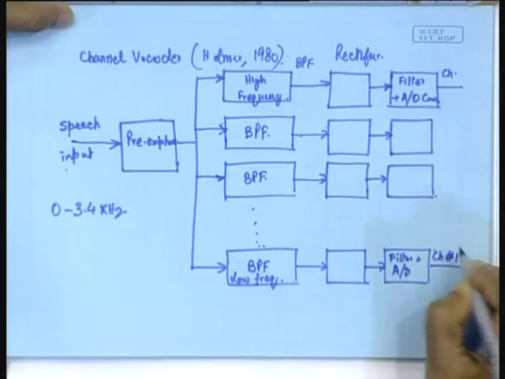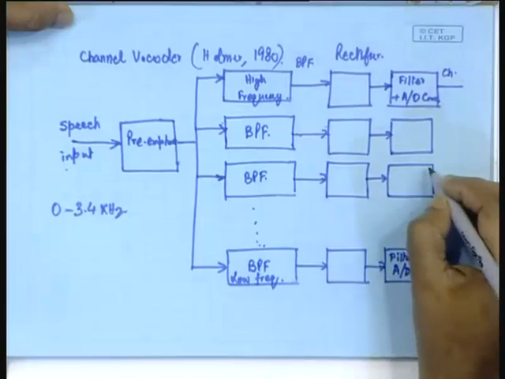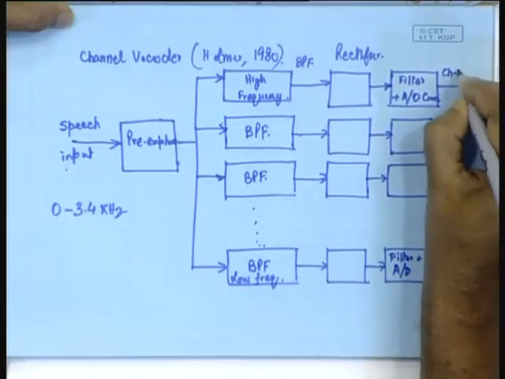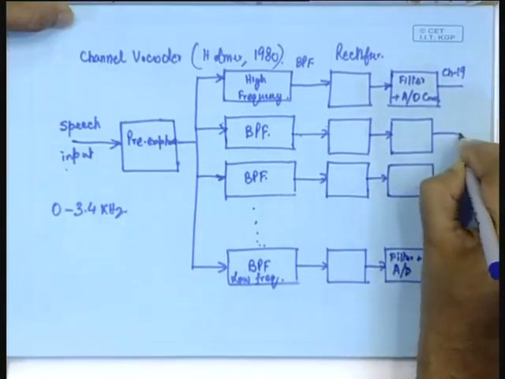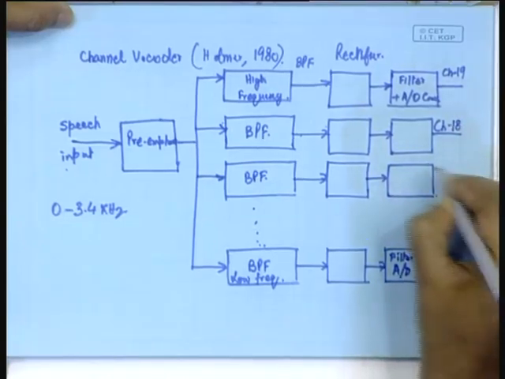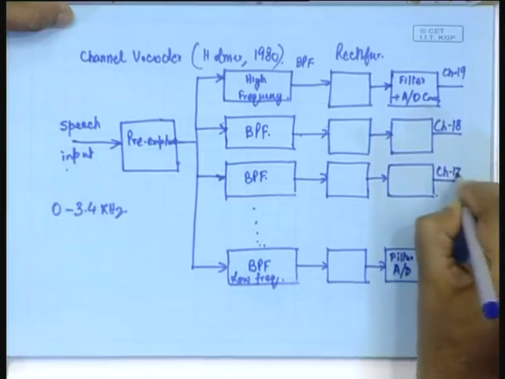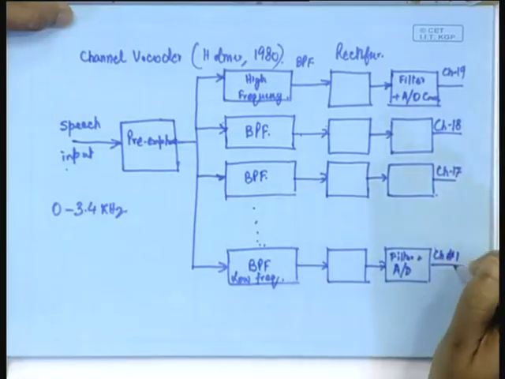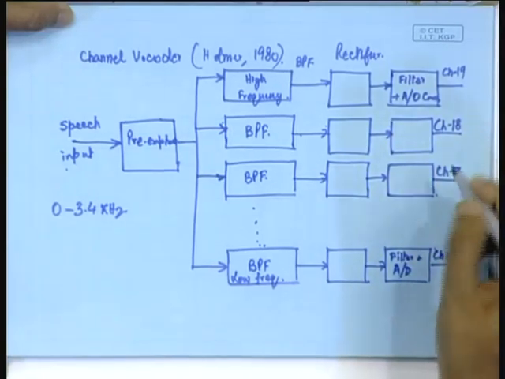This is channel number 1 and so on, and the highest frequency will be channel number 19. The one next to it is channel number 18, the one next to that is channel number 17, and so on, and the lowest frequency is channel number 1.